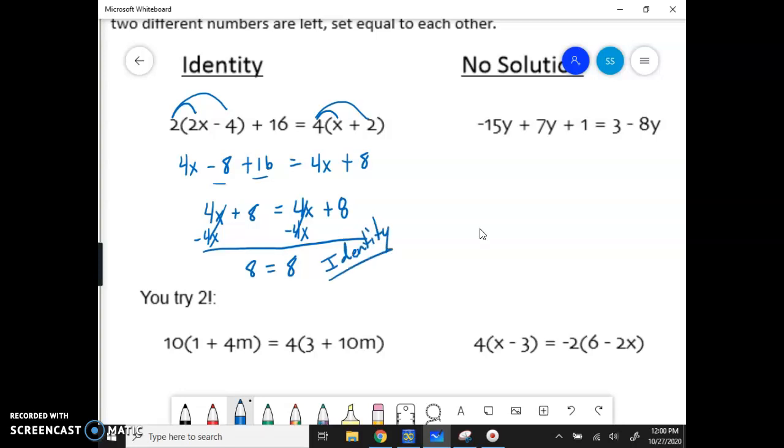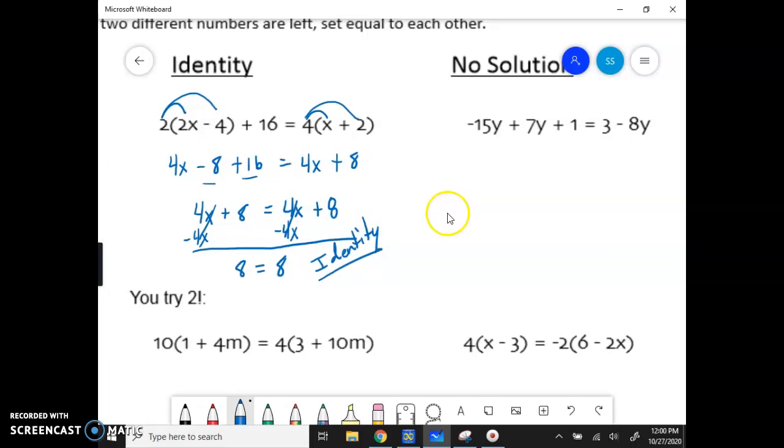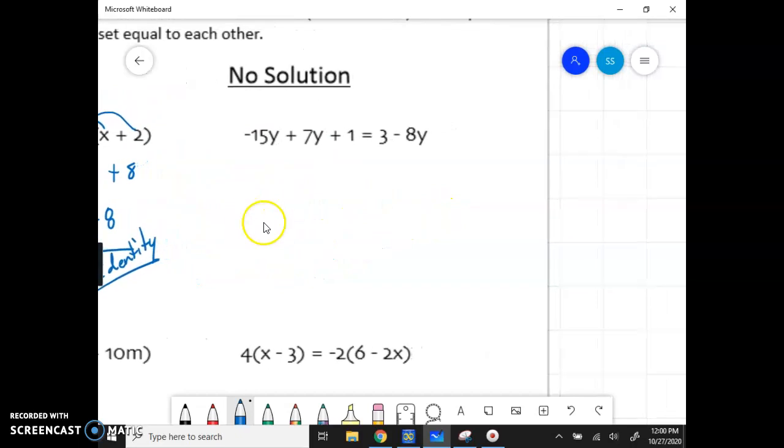Because we got identical answers. Now let's look at no solution. Again, we don't know this coming in, so we have to solve to figure it out. No distribution required here, so we're just going to combine like terms on both sides of the equal sign. I'm going to combine my y's. Negative 15y plus 7y is negative 8y.